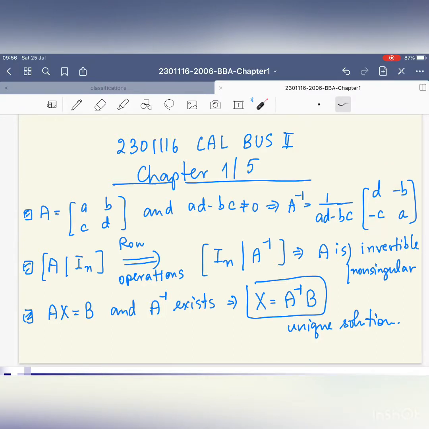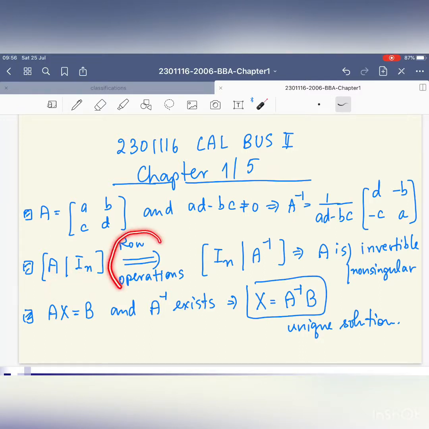Another way to find the A inverse is to attach your A with the identity matrix of the same order. So if this is a 3 by 3 matrix, then you need to insert your I3 with it.